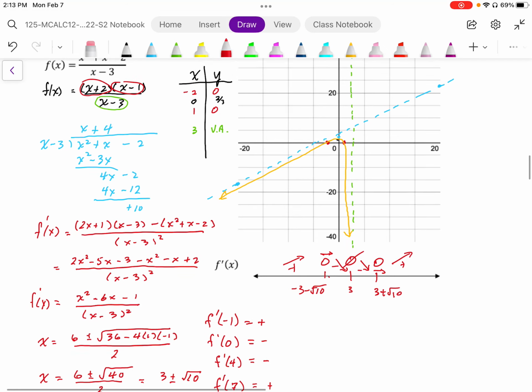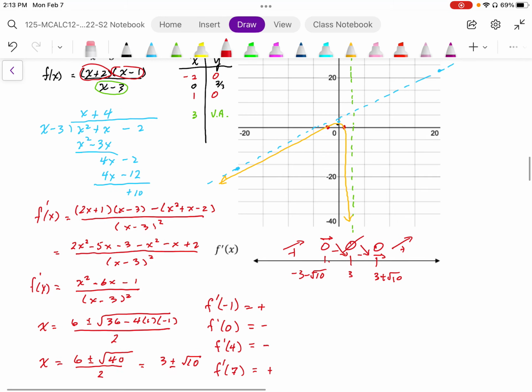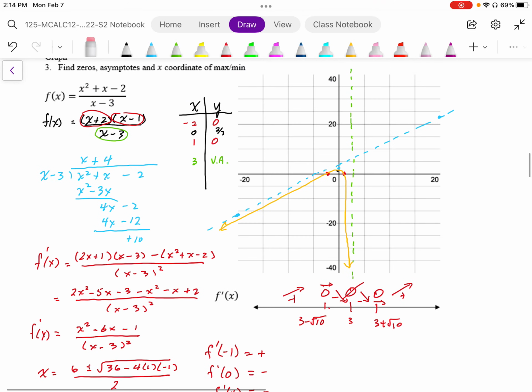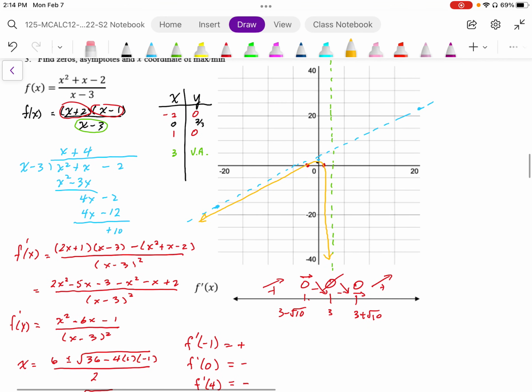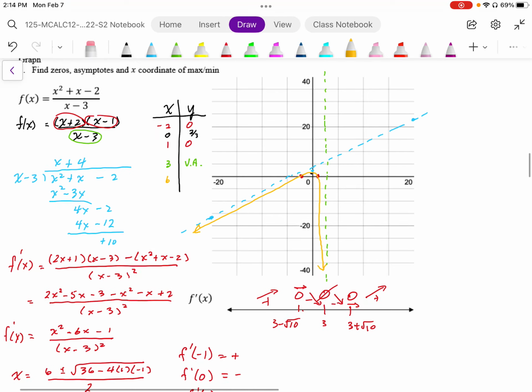Using the slope chart, we can see the x-coordinate of the minimum and maximum is not going to be at negative 3, it's going to be 3 minus root 10 and 3 plus root 10. When we draw that in, I'll estimate when x is 6, just to get an idea what that coordinate is. We don't need the y coordinate, but I just want to see what we're about to draw.